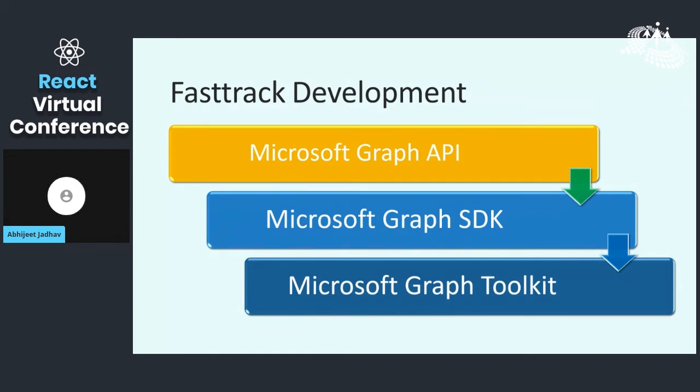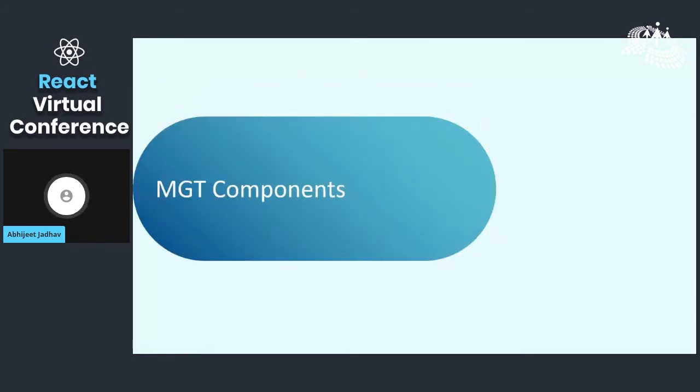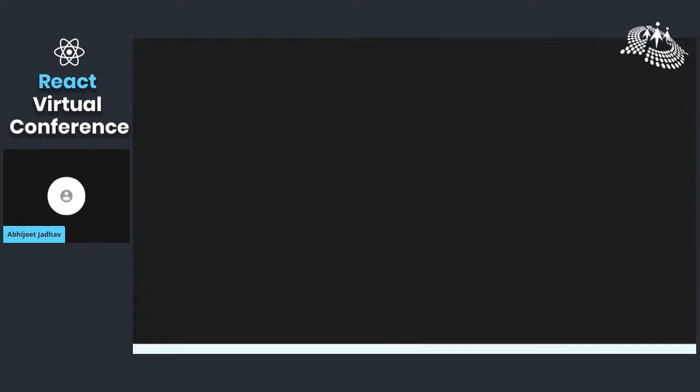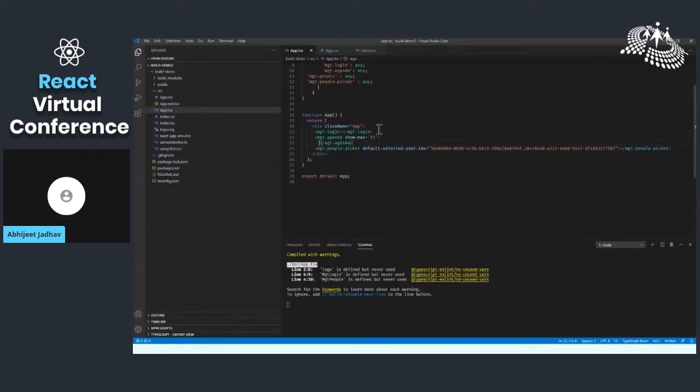Just to give you a snippet of it, I'll show you the part. Okay, if you are seeing my screen, this is one line, the MGT login. This is a single line of code where, when you write it, you will get the whole login component.